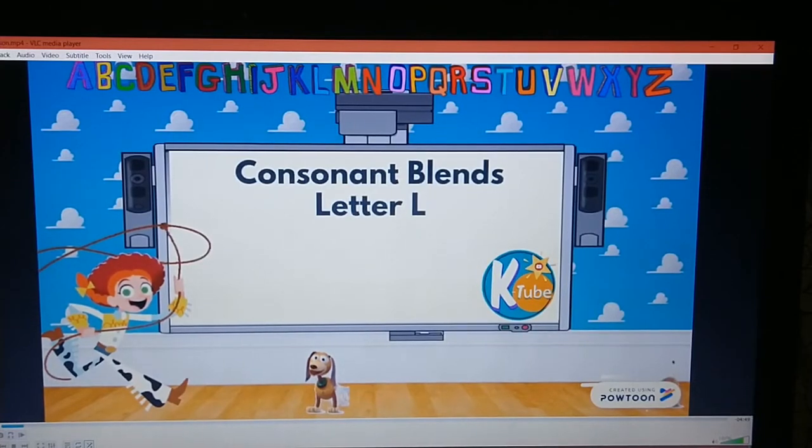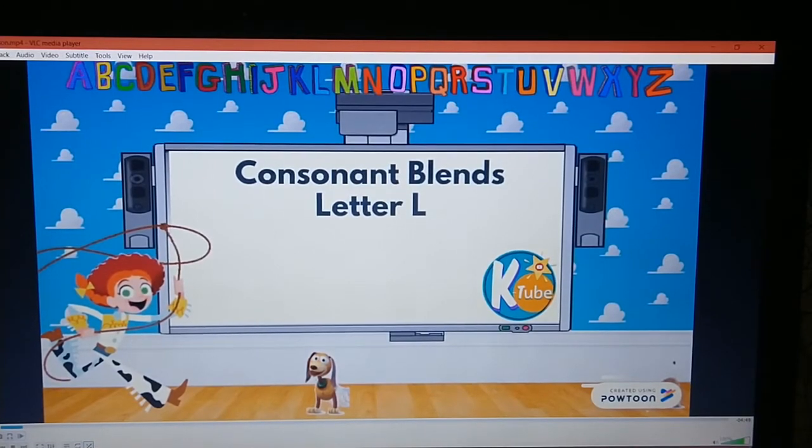So, let us once again revise consonant blends. We will revise only L blends today. Okay, today we will do only L blends and we will write in our copy also only L blends.